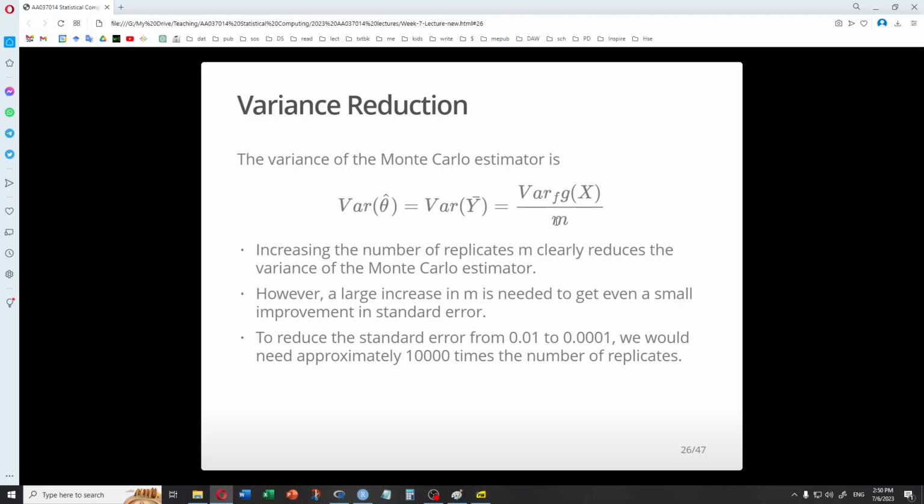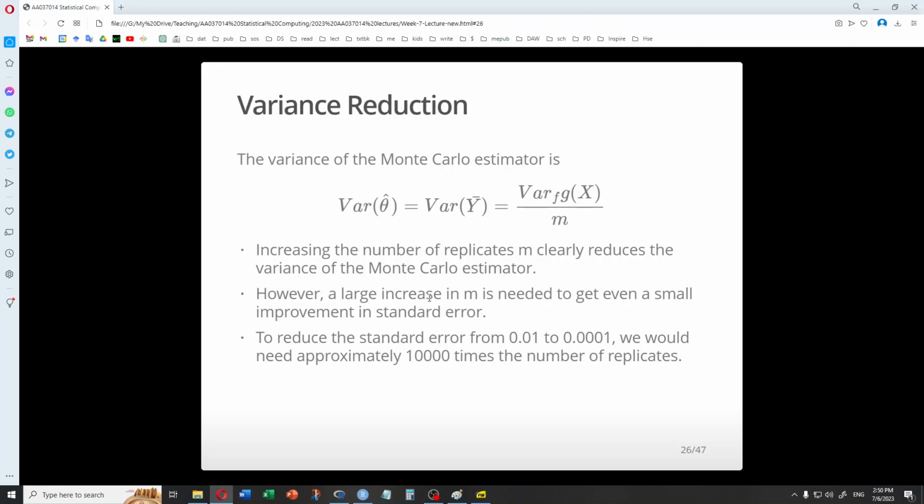However, when we want to increase m, it involves computing cost as well. Like in the previous example, we use m equal to 10,000, but if you increase m more, then you can decrease the variance, but it involves some cost.